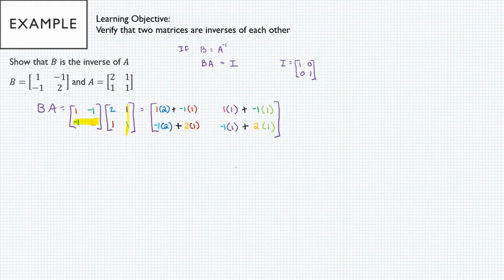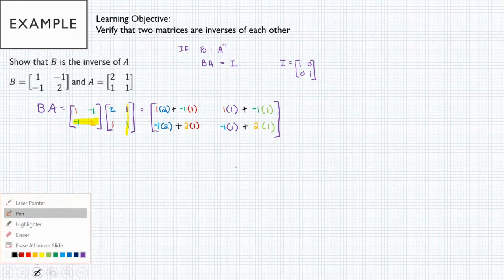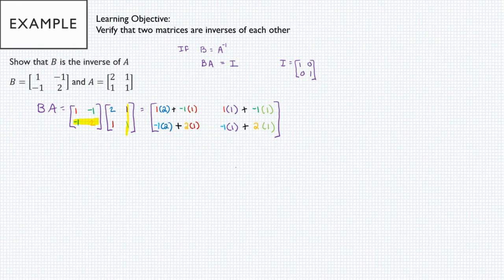So that is how we do the matrix multiplication. I'm trying to color code those so you can see, and from there we're actually going to do the math.